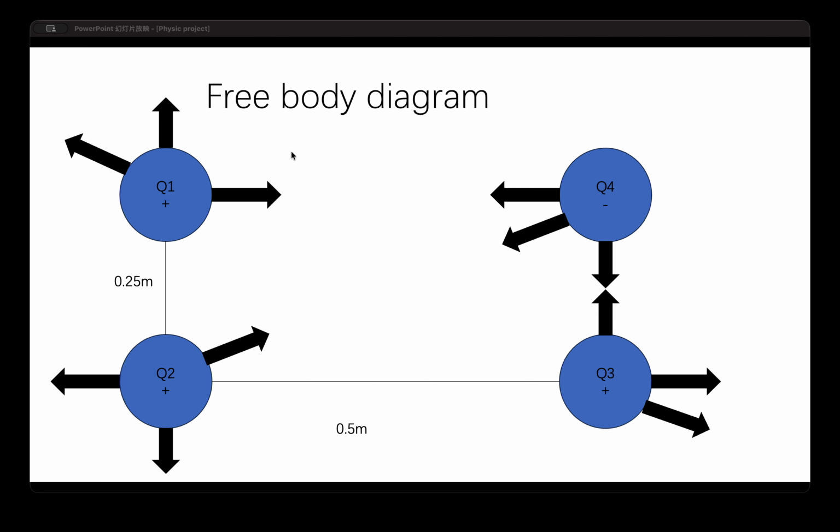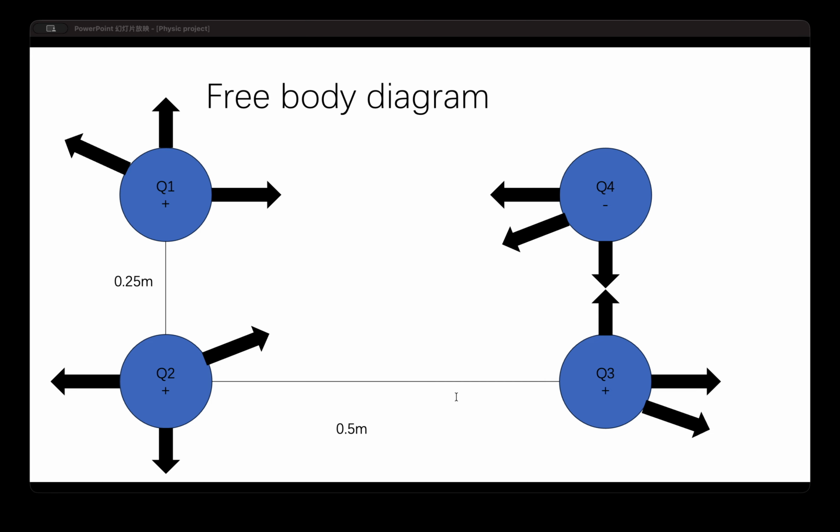And for Q2, which is positive, it receives a repulsive force from Q3, pushing it to the left, and a repulsive force from Q1, pushing it downward. Also, an attractive force from Q4 along the diagonal direction, pulling it up and right.